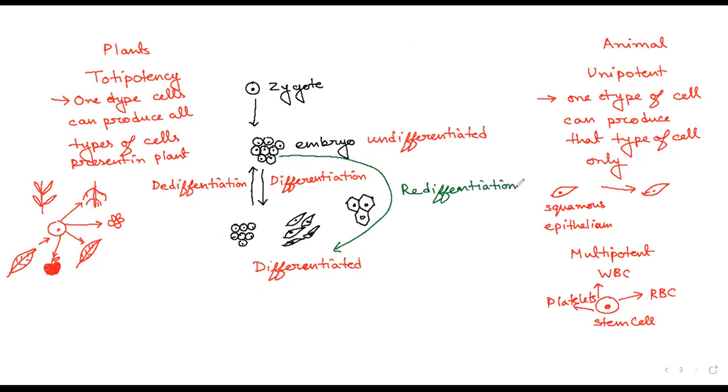That means it was first undifferentiated at the embryo stage, then differentiated via the differentiation process, then dedifferentiated back to undifferentiated, and when it differentiates again, we call it redifferentiation, not differentiation. Understood, class? Yes, ma'am.